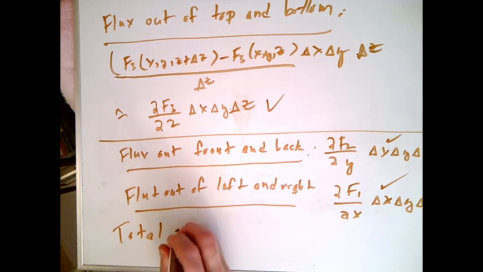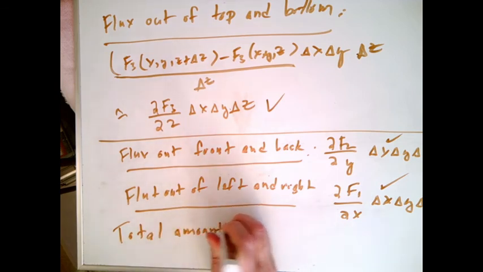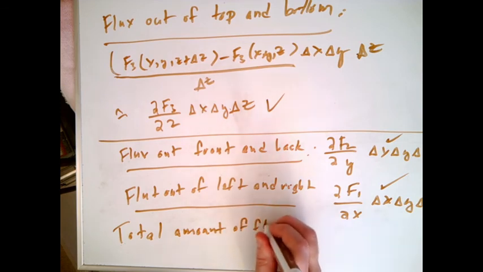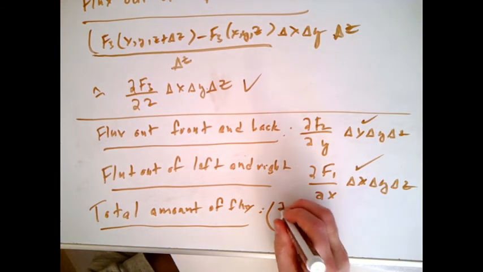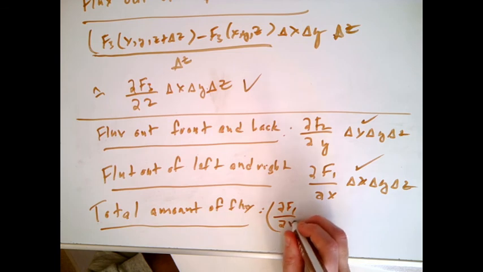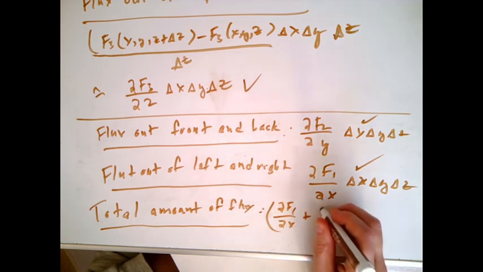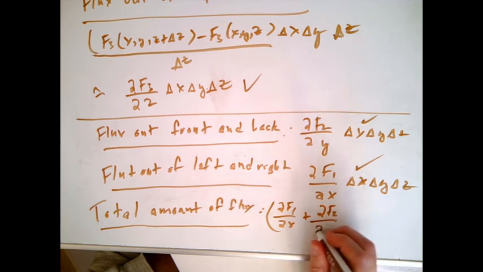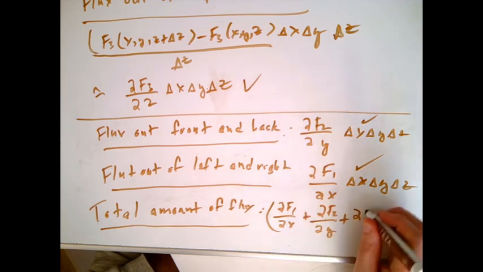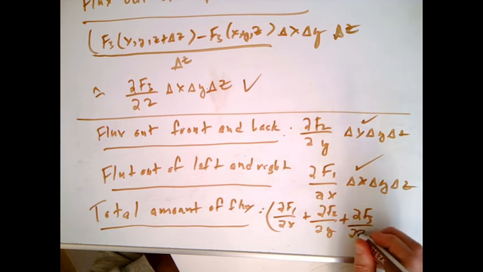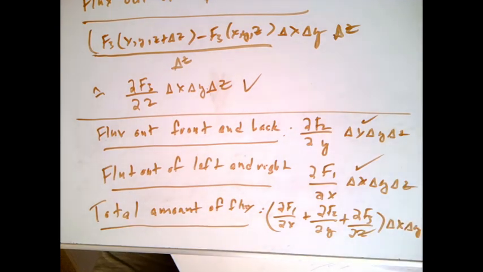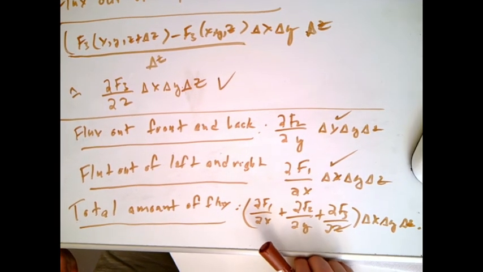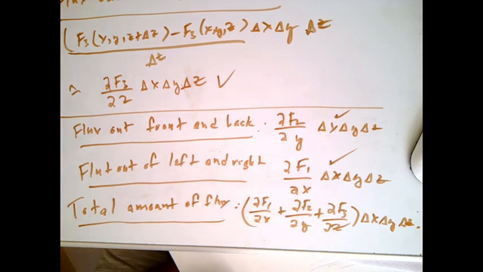The total amount of stuff that will come out of that little tiny box just looks like the partial of f1 with respect to x plus the partial of f2 with respect to y plus the partial of f3 with respect to z, times delta x, delta y, delta z, and we've calculated all we need to in order to calculate the flux out of the whole surface, because what we have is the total flux out of one box.